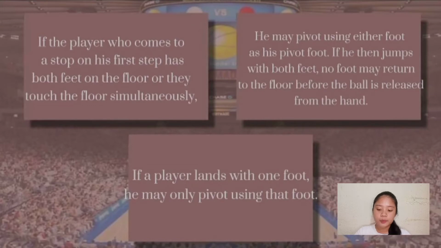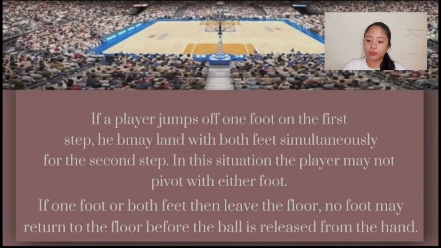If he then jumps with both feet, no foot may return to the floor before the ball is released from the hands. If a player jumps off one foot on the first step, he may land with both feet simultaneously for the second step. In this situation, the player may not pivot with either foot.